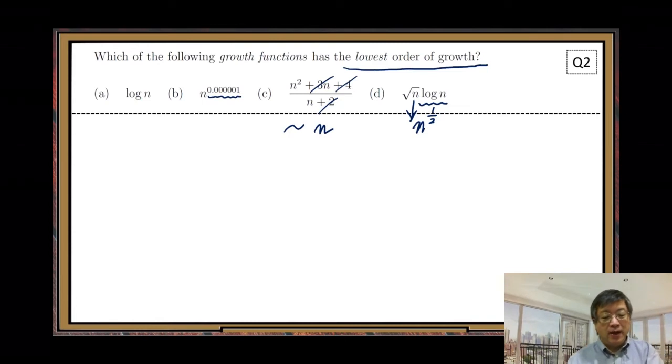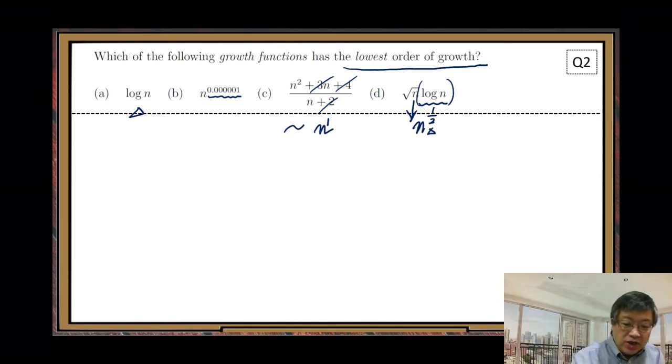All right, so the last one, log of n. Here you can see the exponent of n is at least 1/2, and we have an extra operand, log of n.